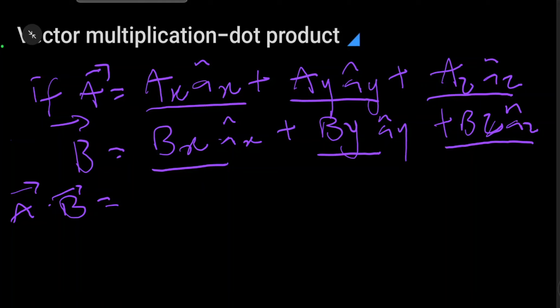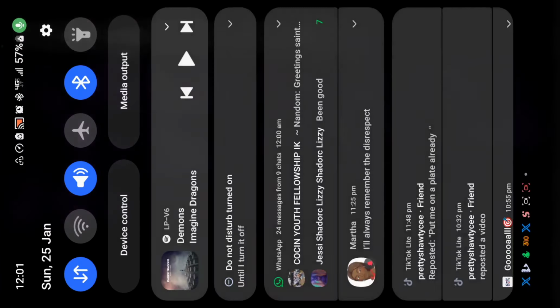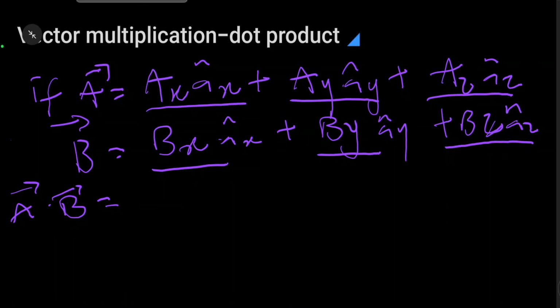So we do the arithmetic component by component. From what I said earlier in my definition, the scalar product is defined as the product of the magnitudes of the two vectors and the cosine of the angle between them.